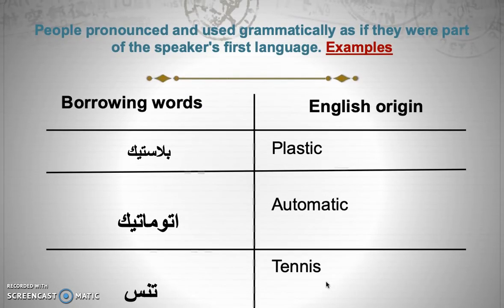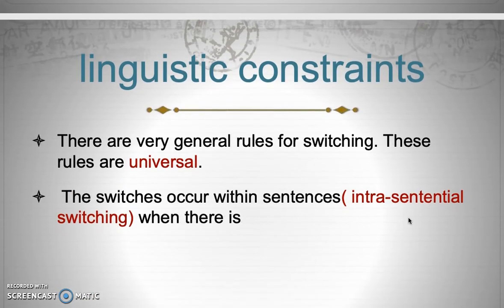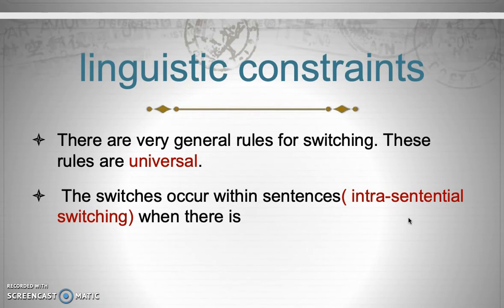People pronounce it and use it grammatically as if it were part of the speaker's first language. Examples are borrowing words from Arabic that originated in English: plastic, automatic, tennis.